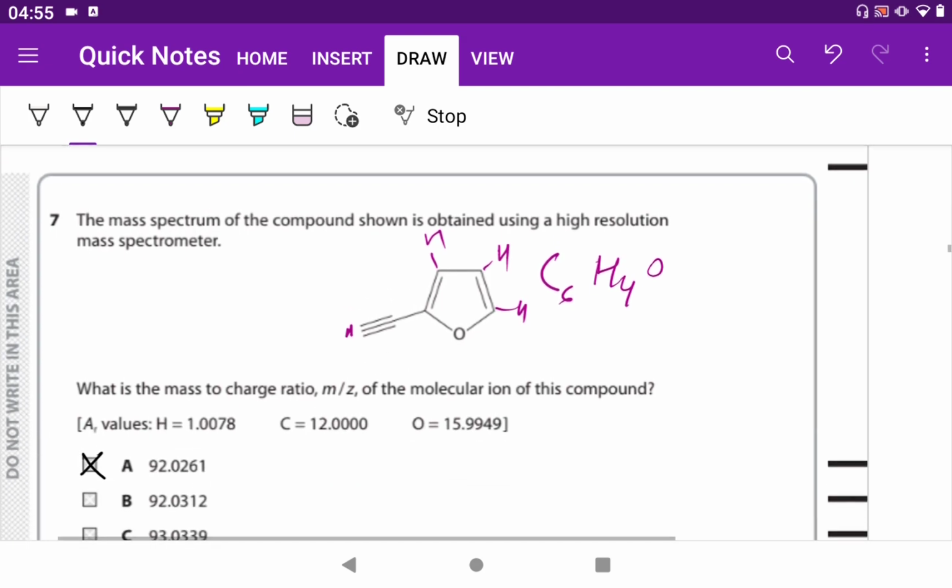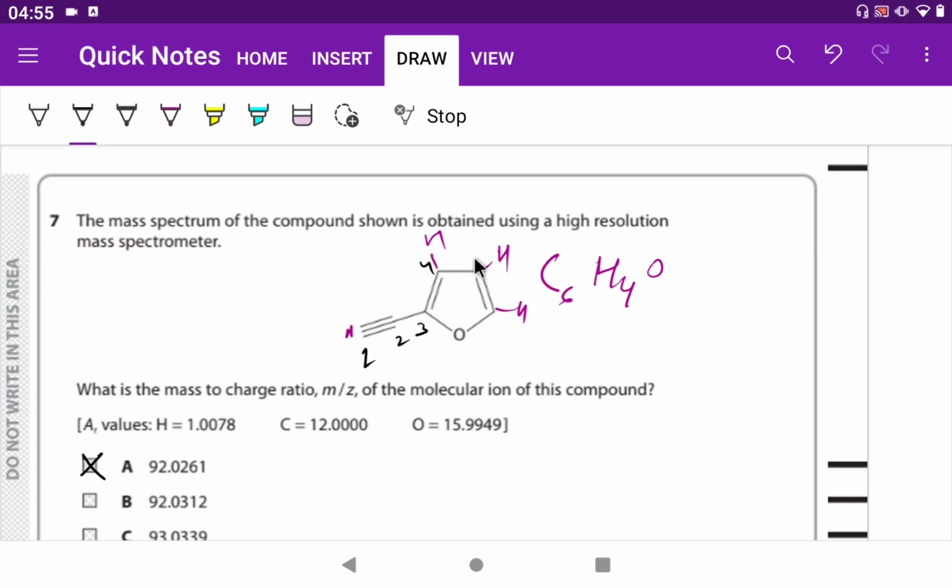Now 7. The mass spectrum of the compound shown is obtained using a high resolution mass spectrometer. What is the mass to charge ratio, m/z, of the molecular ion of this compound? First we have to count the number of carbons in this: 1, 2, 3, 4, 5, 6. 6 carbons. Number of hydrogens: 1, 2, 3, 4. 4 hydrogens and 1 oxygen.